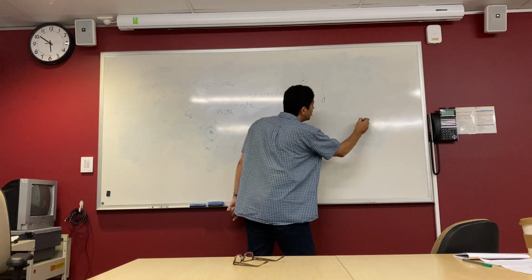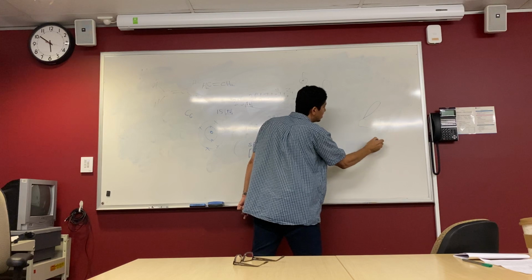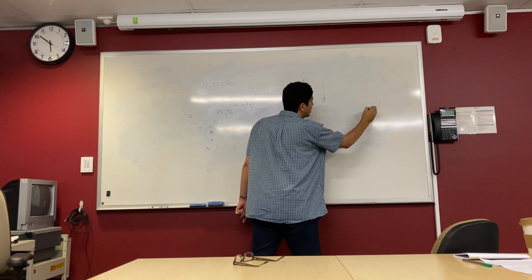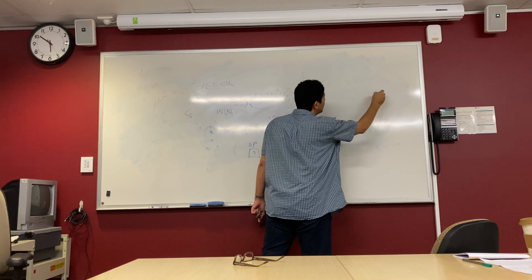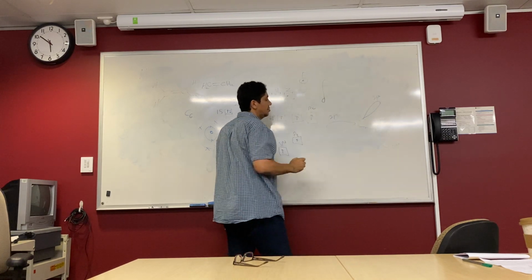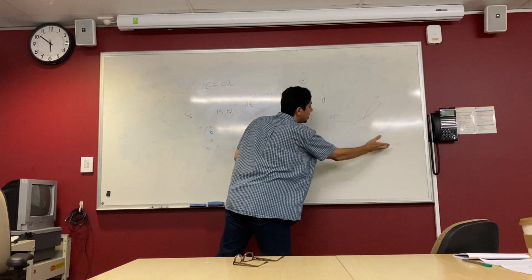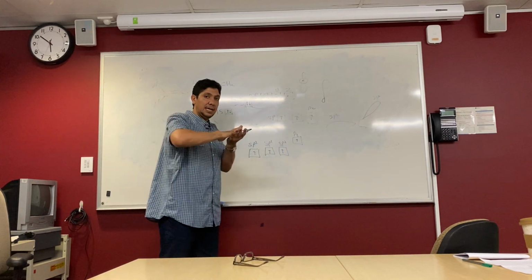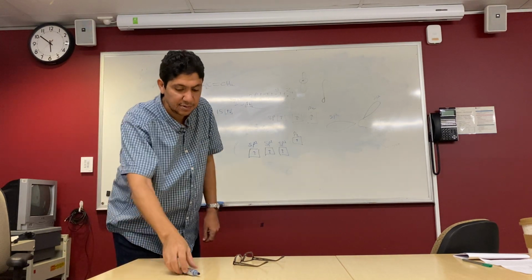So the carbon atom will be surrounded by 3 new orbitals: sp2, sp2, sp2. Okay? This is planar, a triangle. We can draw it like that on the table.